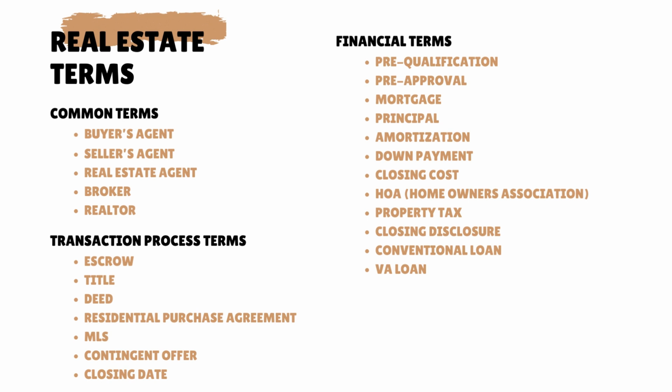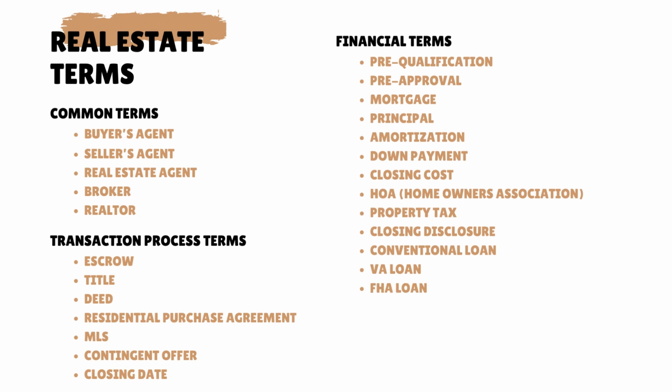And most commonly used is FHA loan, which is stand for Federal Housing Administration. This is also from the government, but unlike the VA loans, they are required to pay at least 3.5%. I think currently it's 3.5% for the down payment.